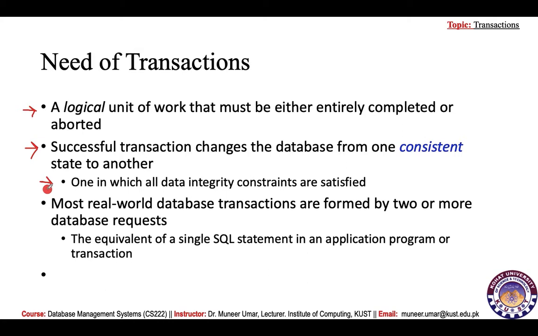Most real-world database transactions are formed by two or more database requests, the equivalent of a single SQL statement in an application program or transaction. So we need transactions to take the database from a consistent state to another consistent state.